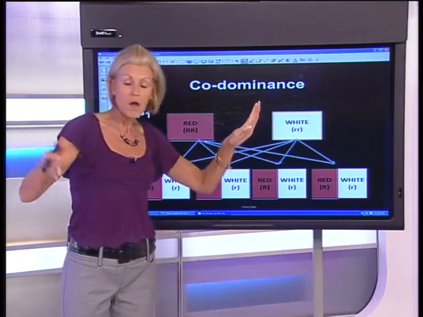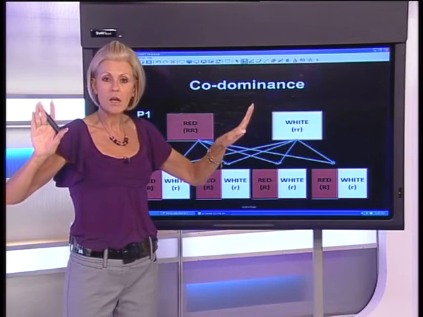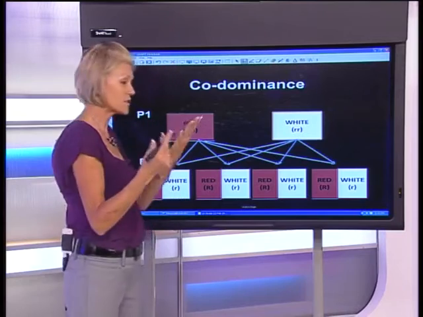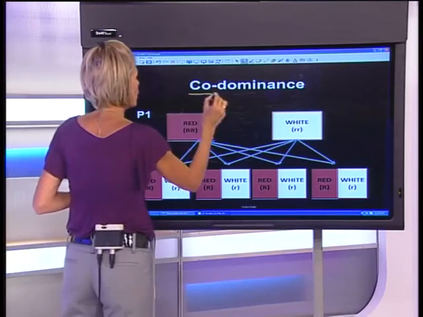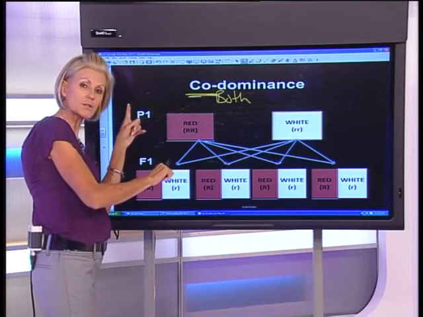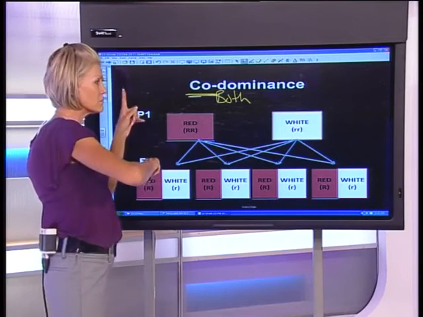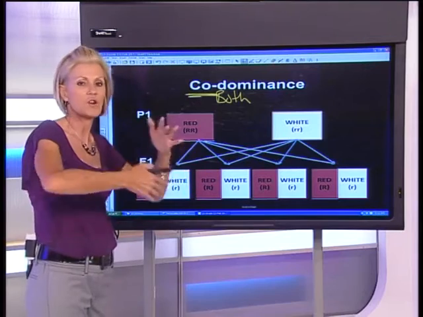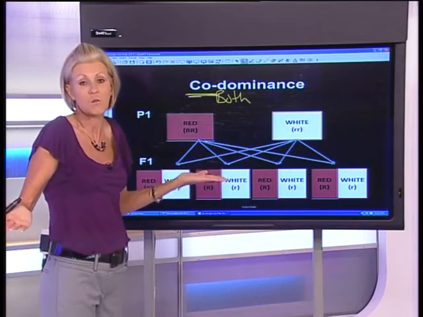You're dominant, I'm dominant. Let's agree that we each have our little patch. And that's what it does. So it means both. Both dominate. Not just one with complete dominance, not incomplete dominance where they say, well, we're just going to strike a compromise, which I suppose is the nice way to do it.